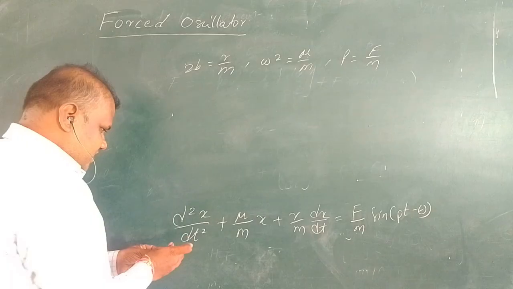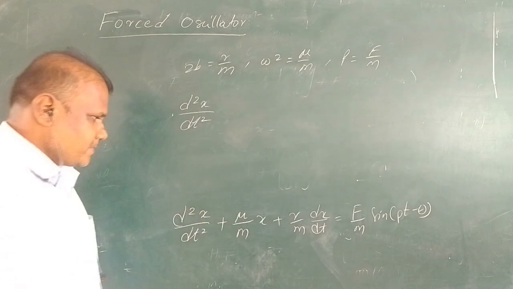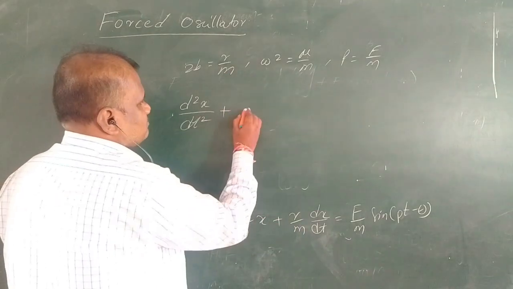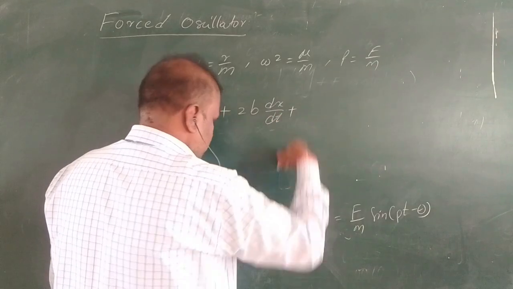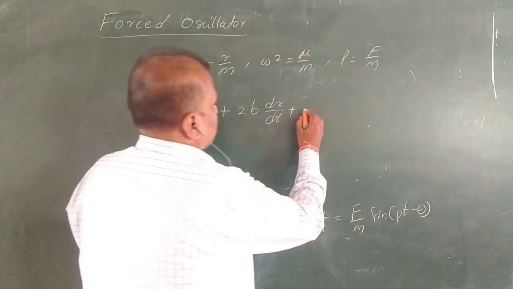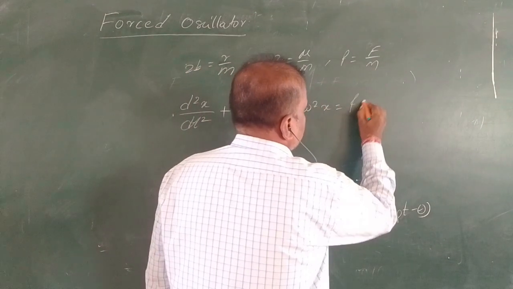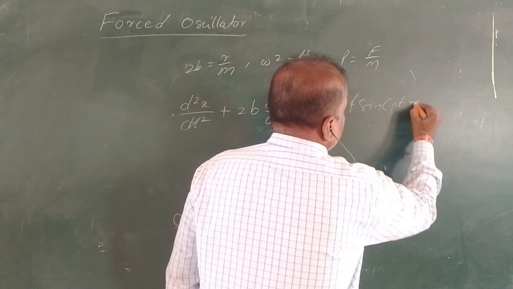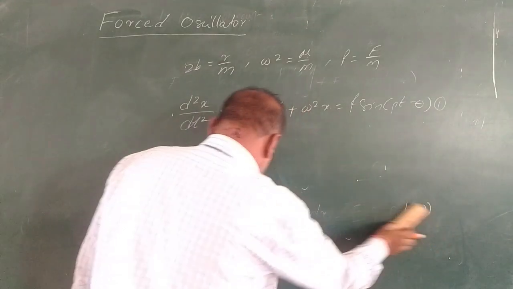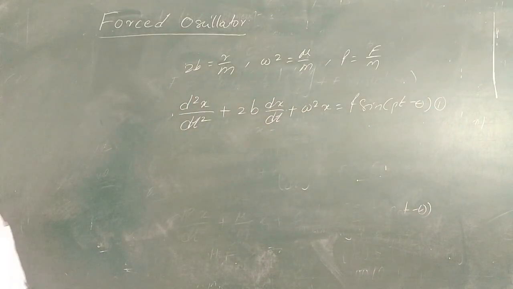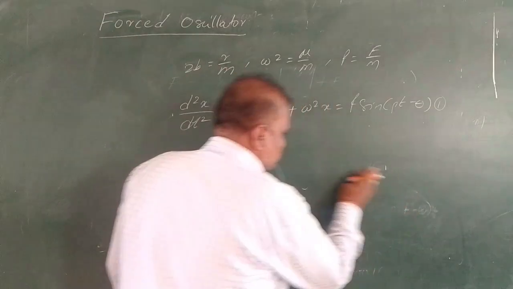Rearranging this equation: d square x by dt square plus 2b dx by dt plus omega square x equals small f sin(pt minus theta). Let this be equation number 1. This equation number 1 represents the differential form of a simple forced oscillator. Now I am going to take the solution of this equation.